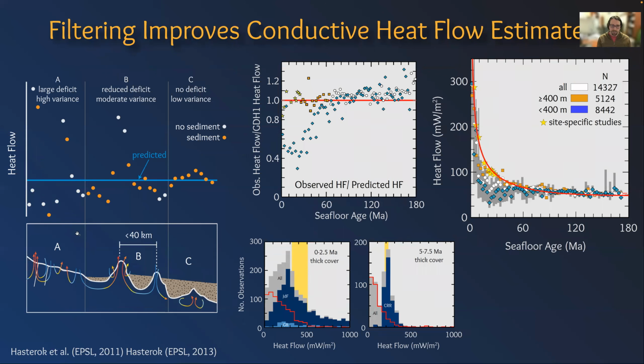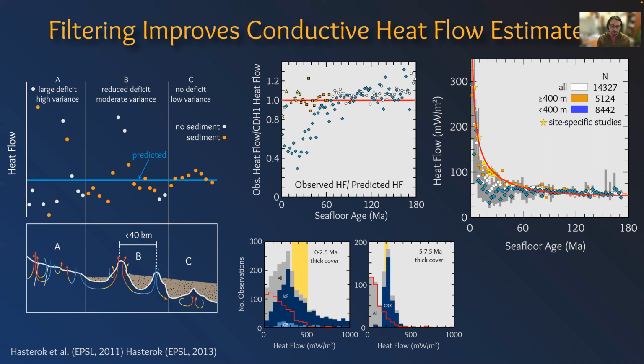So the reason why we have this heat flow deficit, if you imagine an oceanic crust that looks something like this, we have some region in A where we have exposed igneous basement. In B here, we have a region that has partially covered igneous basement, and then C, we have completely covered igneous basement.